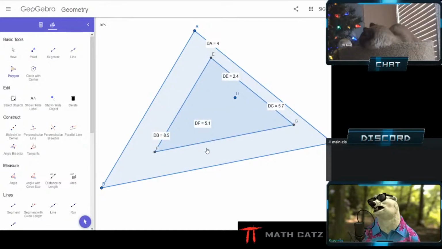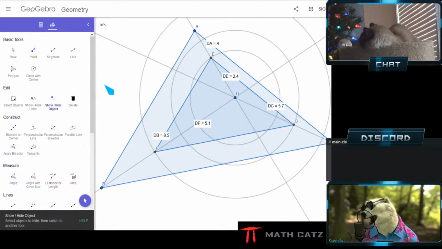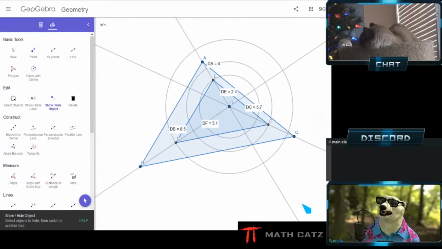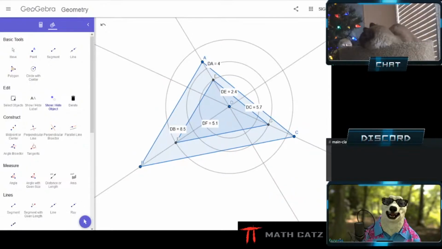It just looks a little nicer. And I'll show and hide one last time. Maybe zoom out a touch. Just a smidgen. Look how nice that is. And I've created a triangle that is 40% smaller in length than my original.